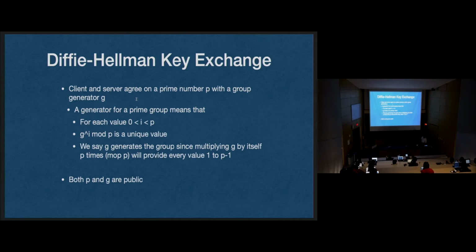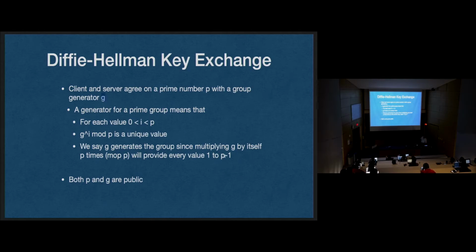But for G to generate the group, we're going to say that for every value i from 1 to p minus 1, G to the i mod P is a unique value. I can continuously multiply G by itself, and each time I get a unique value, which gives me every value up to p minus 1.